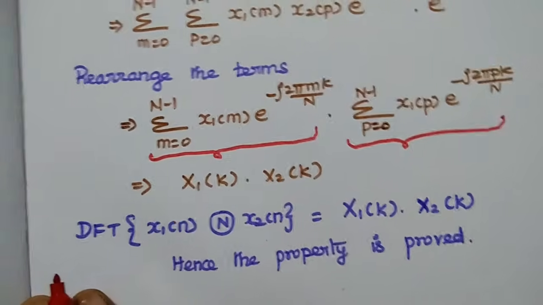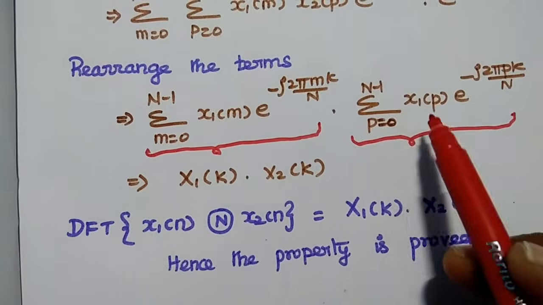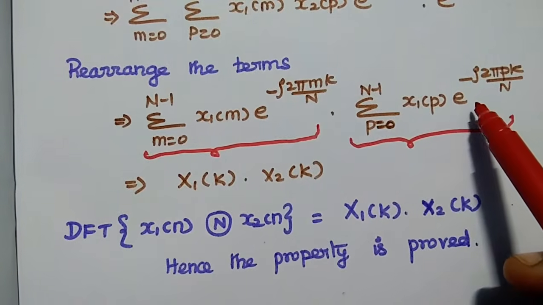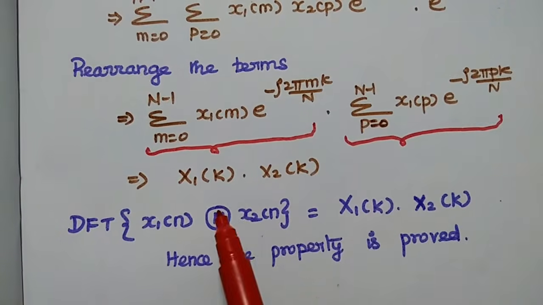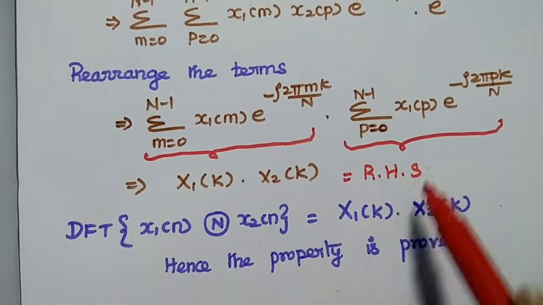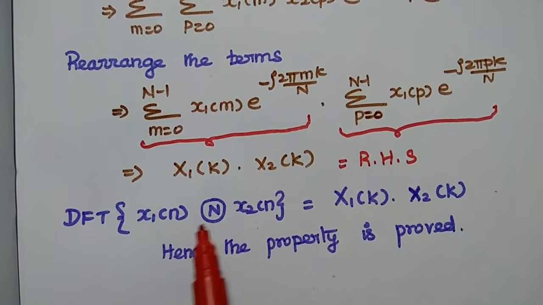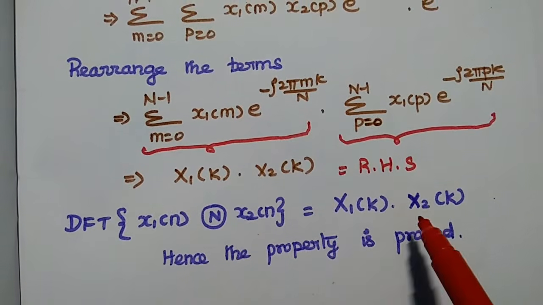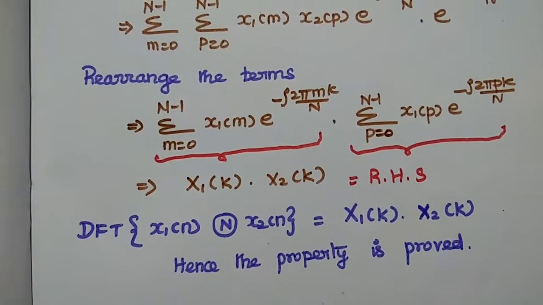Similarly, the formula of X2 of k is summation p equal to 0 to N minus 1 x2 of p e power minus j 2 pi pk by N. So here we obtain the right hand side of the given property. The DFT of x1 of n circular convolved with x2 of n is equal to the multiplication of their spectra. Hence the property is proved.